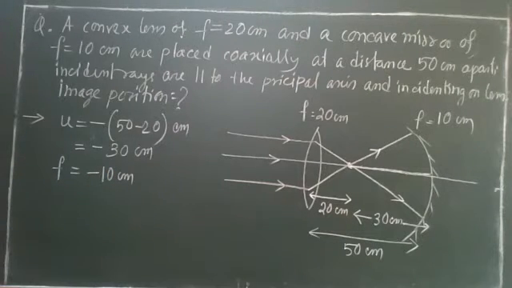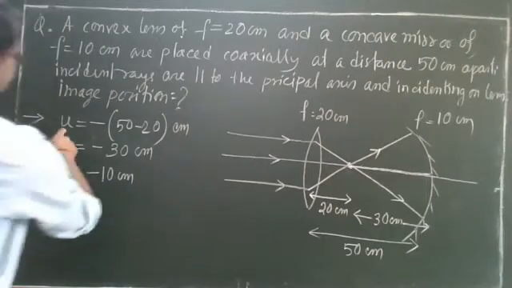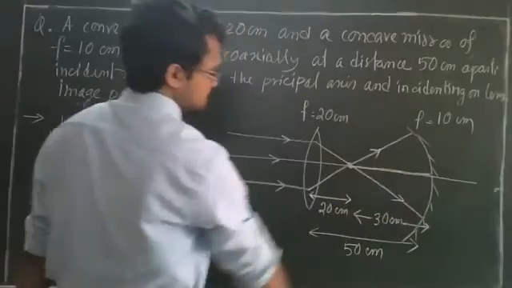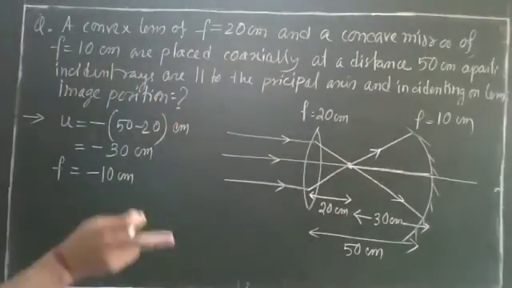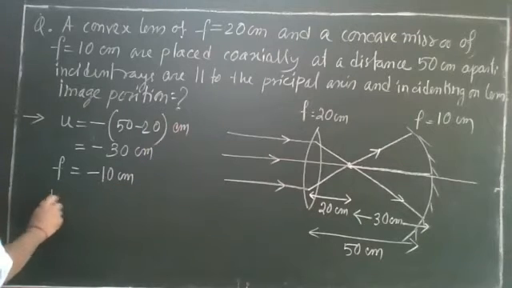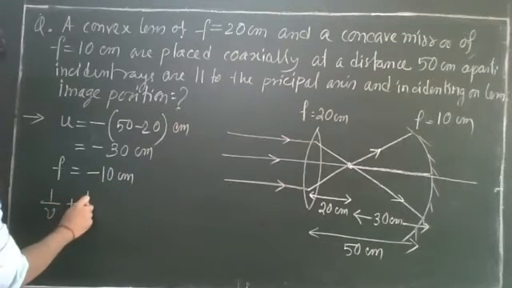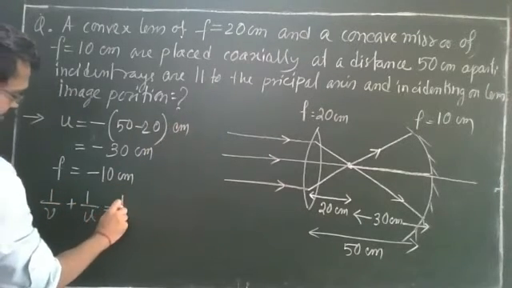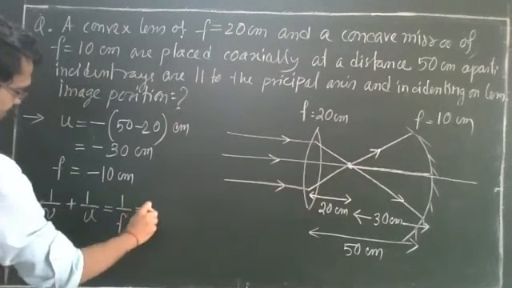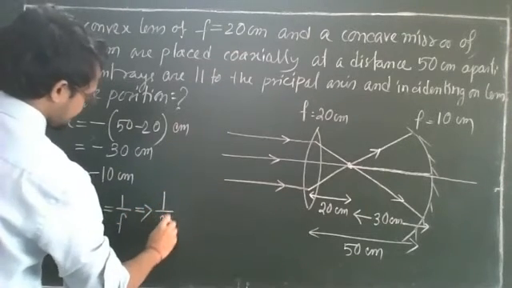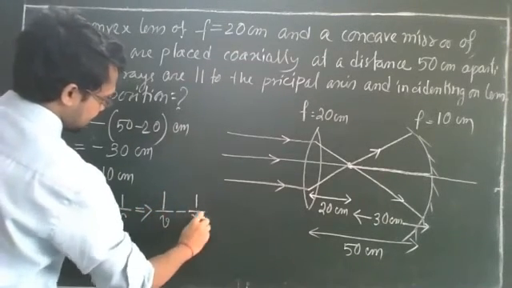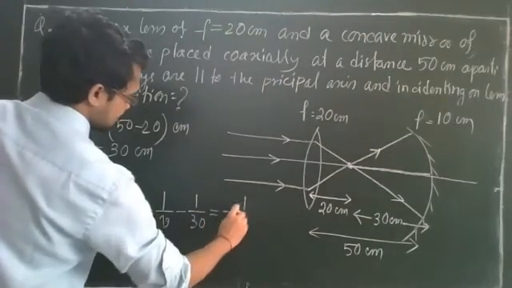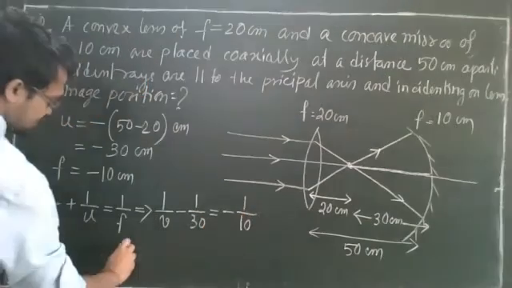Now can you find the image distance V? Use the mirror formula because this U and F are for the mirror. Don't use the lens formula. Use the mirror formula: 1 by V plus 1 by U equals 1 by F. So 1 by V minus 1 by 30 equals minus 1 by 10.